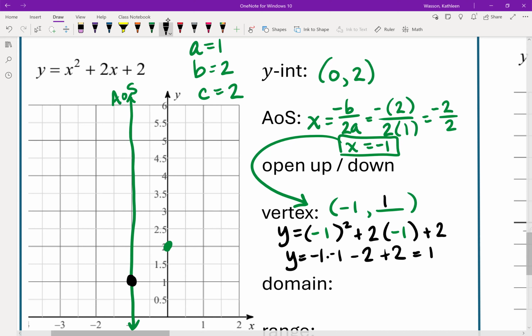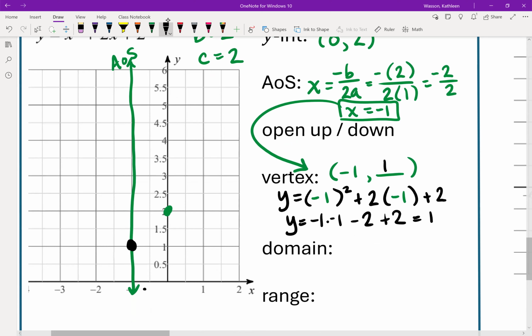So I'm going to pick, well, you can pick where x is ½. I already found the point when x is 0, that's right here, y is 2. I could choose x is half. Any of these would work.